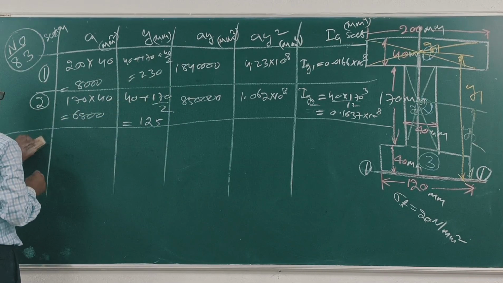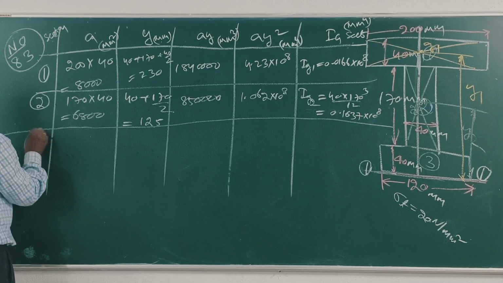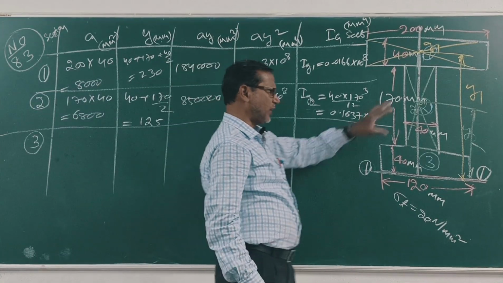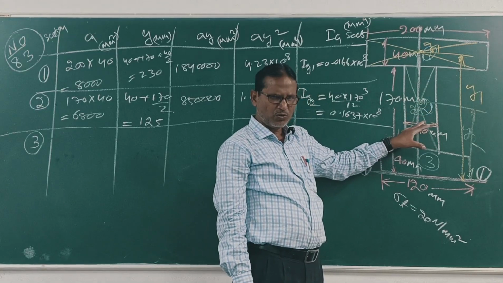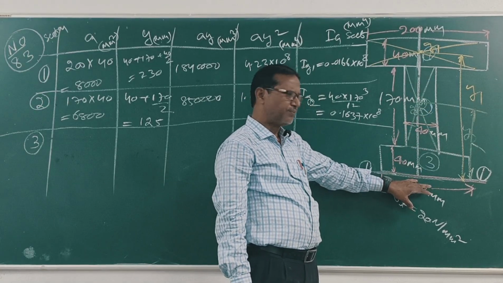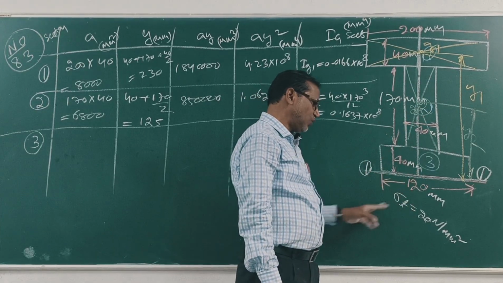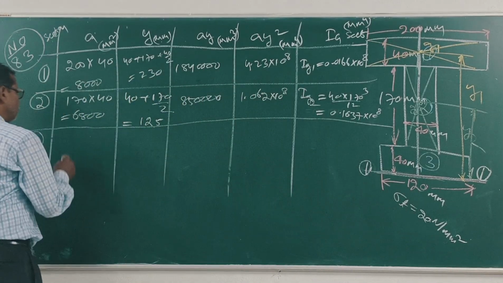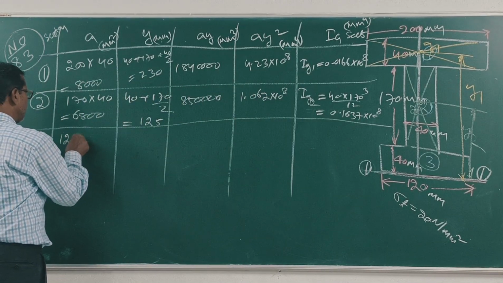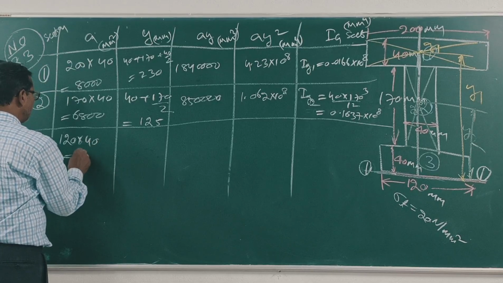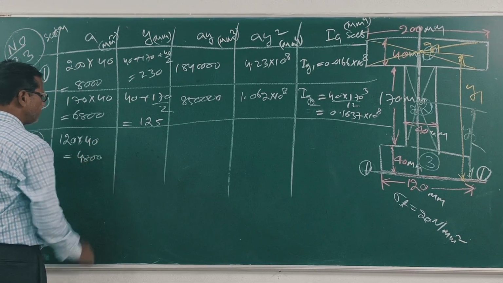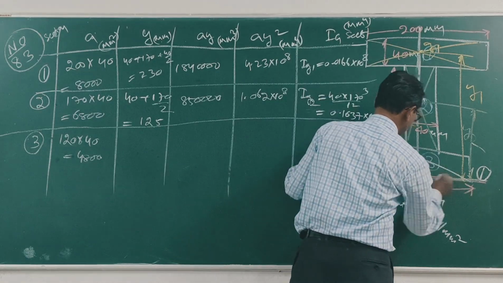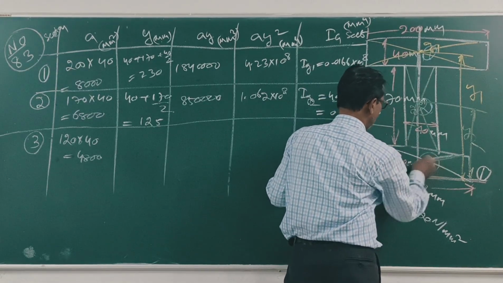Section 3. Section 1, section 2, section 3. What is the area? Length into breadth, 120 into 40, which is 4800.